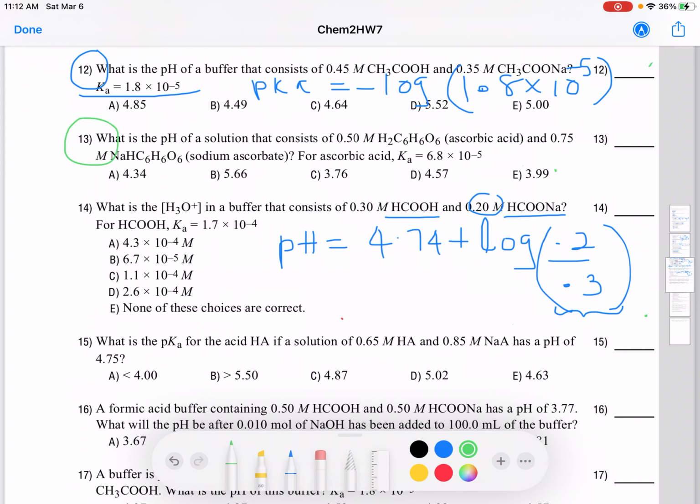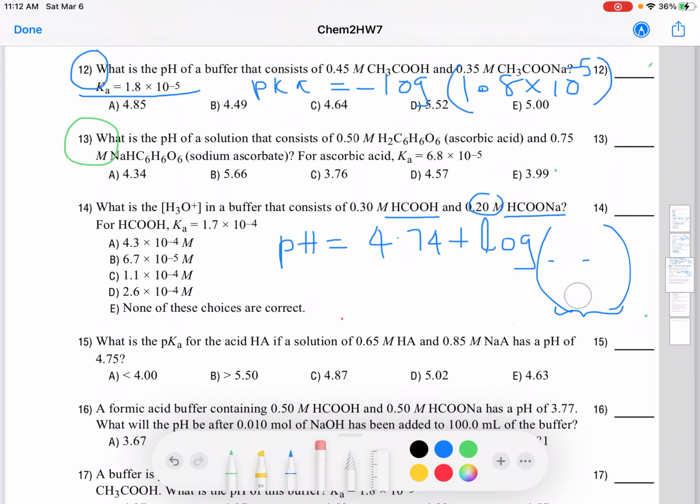For number 13, first do 0.3 over 0.2. What's the base concentration? We are looking at 12, right?